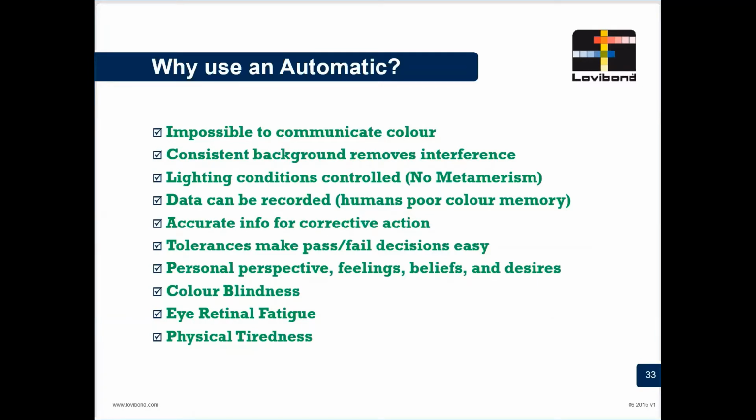I might need to regularly do a baseline on the machine. Then I'm going to take out a lot of these observer effects. I'm also hopefully going to reduce variation in my measurement, because generally visual observers can be more variable in their color matching than I will get from an instrument. An instrument can be very repeatable day in, day out.